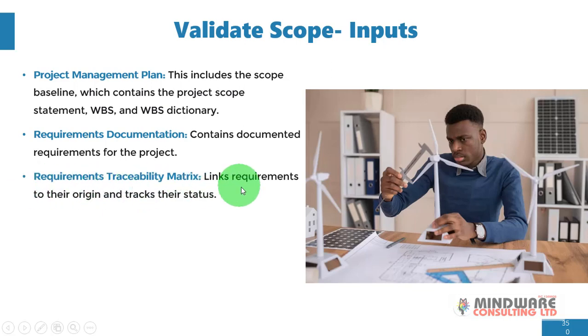Now this is very critical because we've already established that we need to be conversant with our stakeholders. Most times when you've gathered a lot of data, which we call requirements, from stakeholders, sometimes you may have things mixed up. In such a case, this requirements traceability matrix becomes very handy.